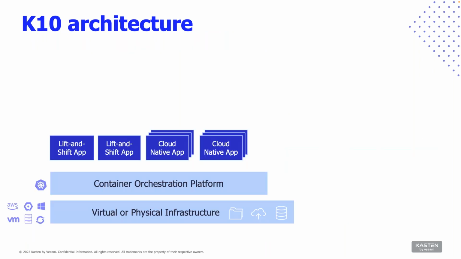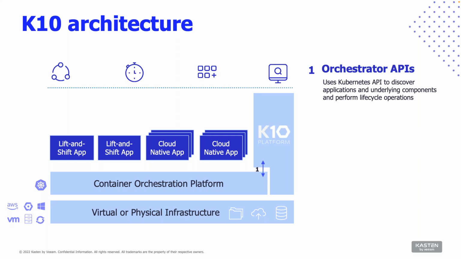Now let's have a quick look at the architecture. First and foremost, your Kubernetes environments can be running on virtual or physical infrastructure or even on the public cloud. Then once you have the infrastructure set up, the next thing is you would deploy, for example, your Kubernetes container platform. Once you have this environment, the next thing is you go to Helm to download Kasten.